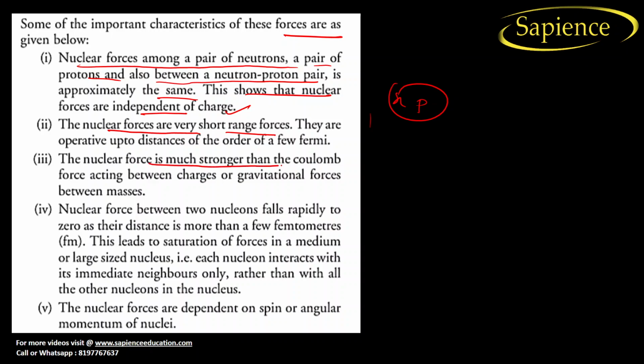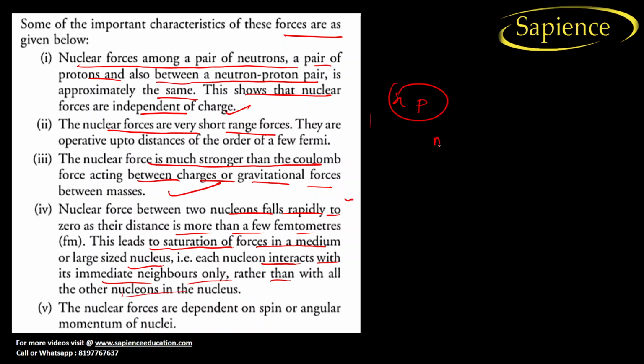Nuclear force is much stronger than the Coulomb force acting between charges and the gravitational force. Now, the nuclear force between two nucleons falls rapidly to zero as their distance becomes more than a few femtometers. This leads to the saturation of the force in a medium or large size nucleus, that is, a nucleon interacts with its immediate neighbors only rather than with all other nucleons.